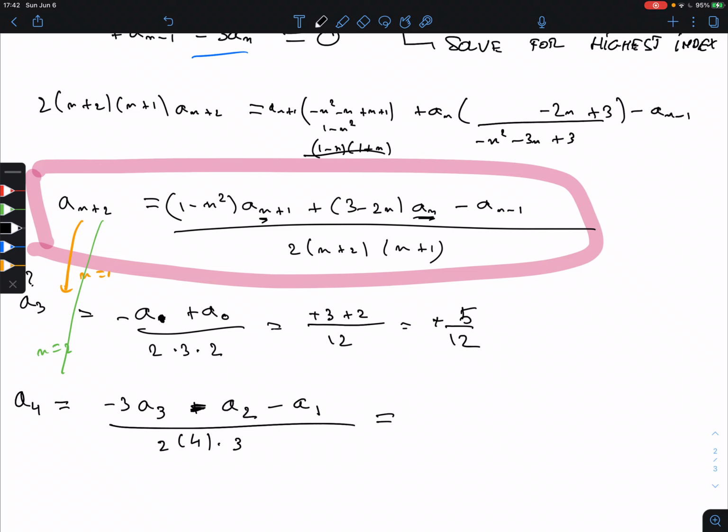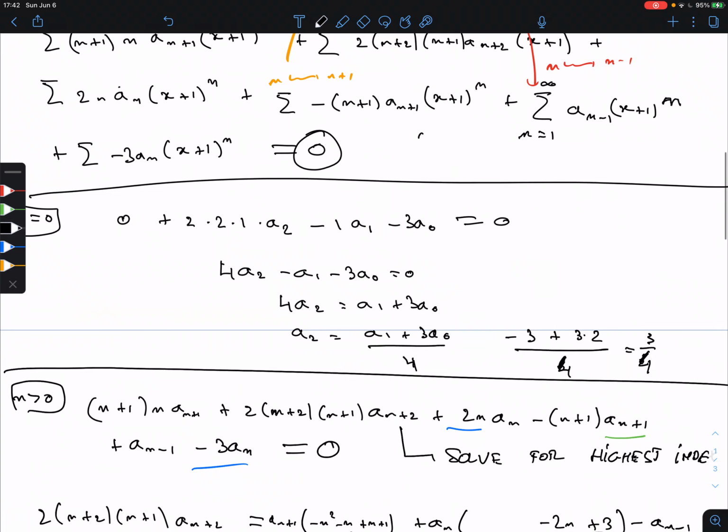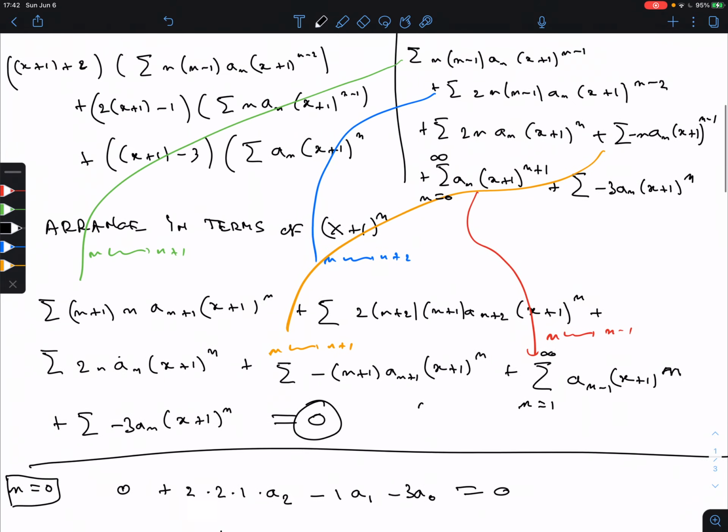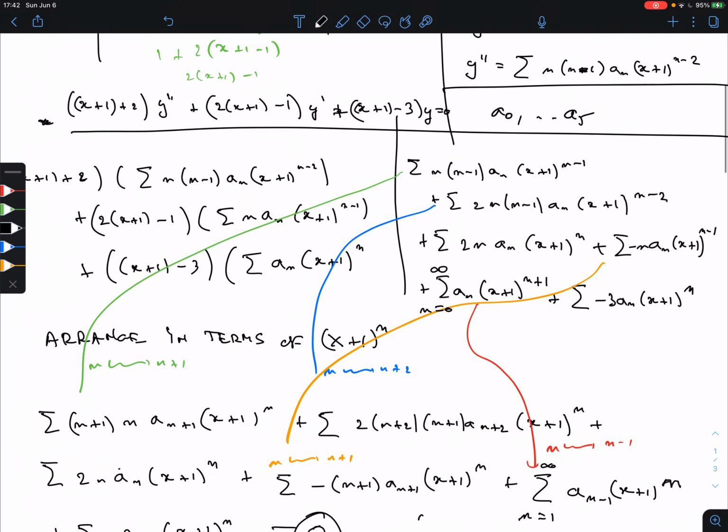Now you see here that we need not only A1 and A0, but we also need A2 and A3, which we have already calculated. So this would be minus 3 times 5/12, that's the A3. Minus A2, and A2 was 3/4, minus 3/4. And minus A1, that was negative 3 A1, right? So the minus minus becomes plus.